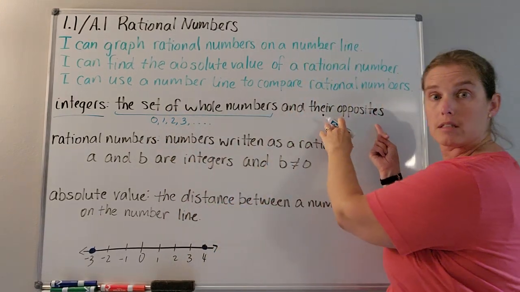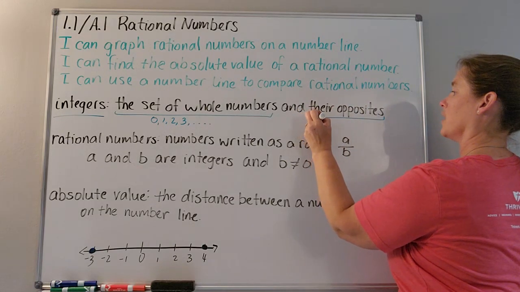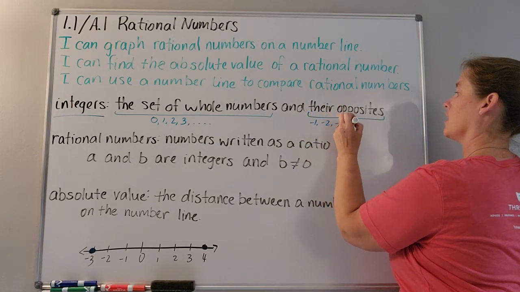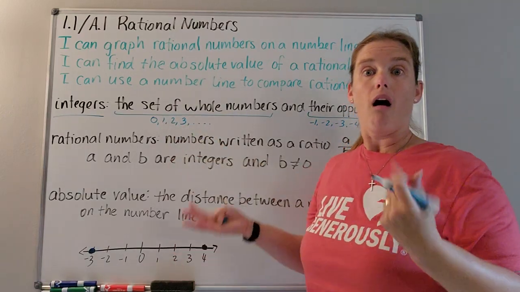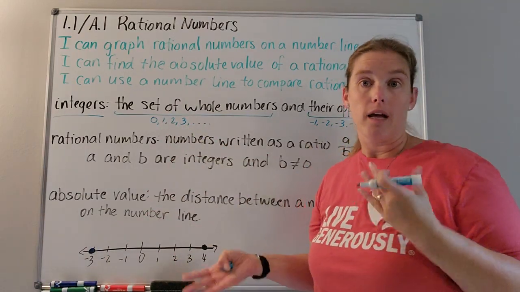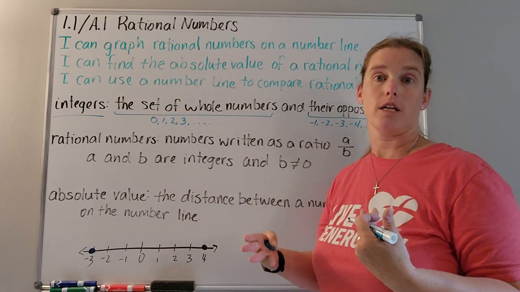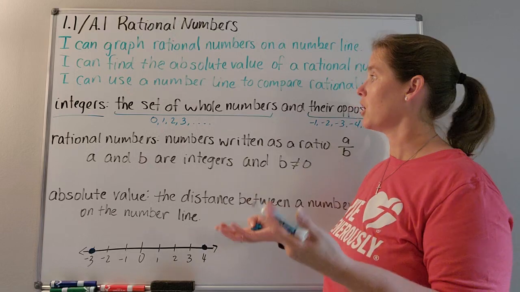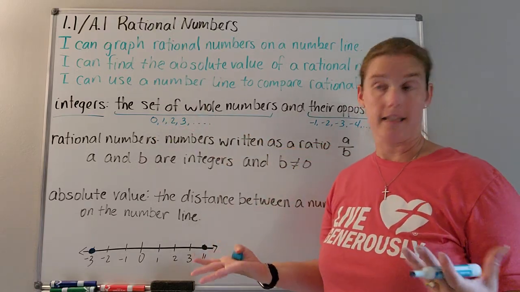And then their opposites are all the negatives. So -1, -2, -3, -4, and so on. So it's really all the numbers positive and negative and 0, but no fractions or decimals. And notice that 0 is neither positive nor negative, it just is.